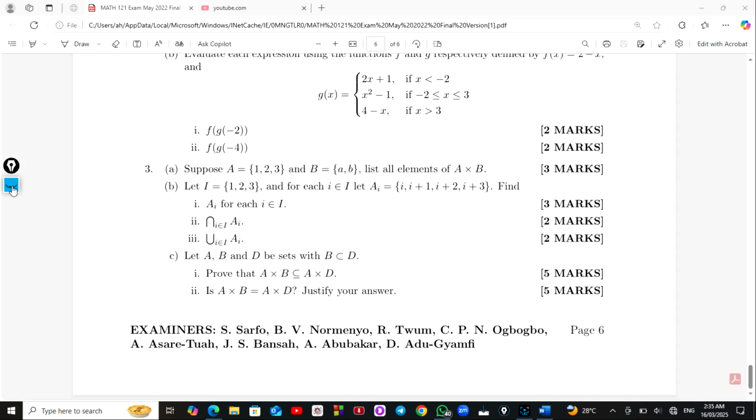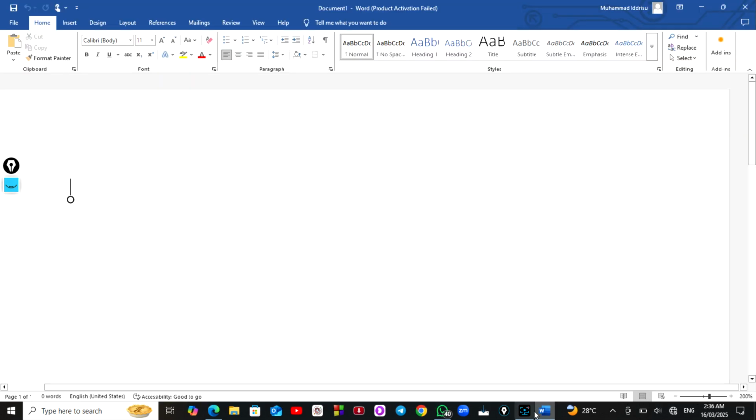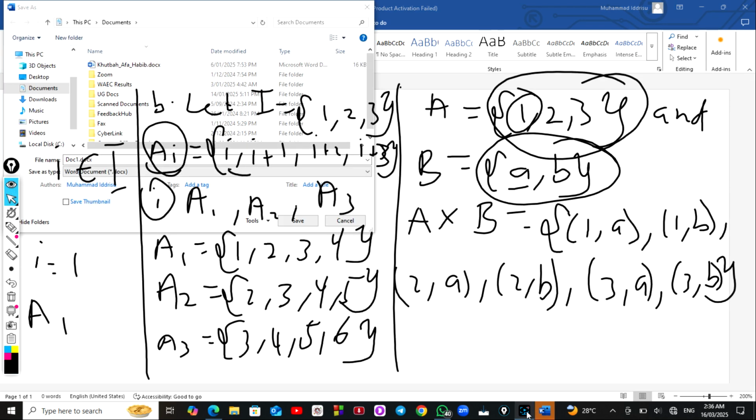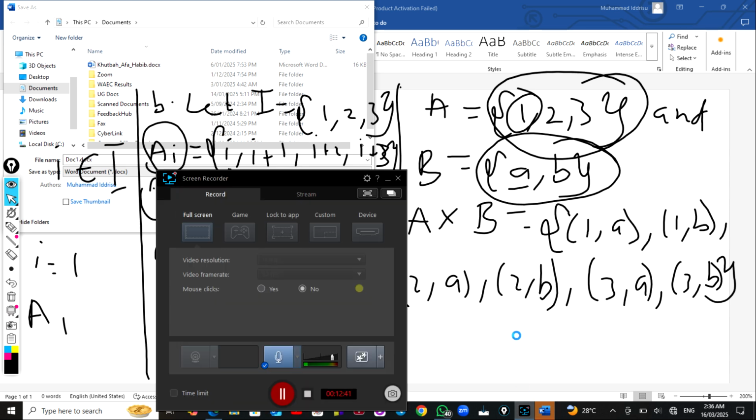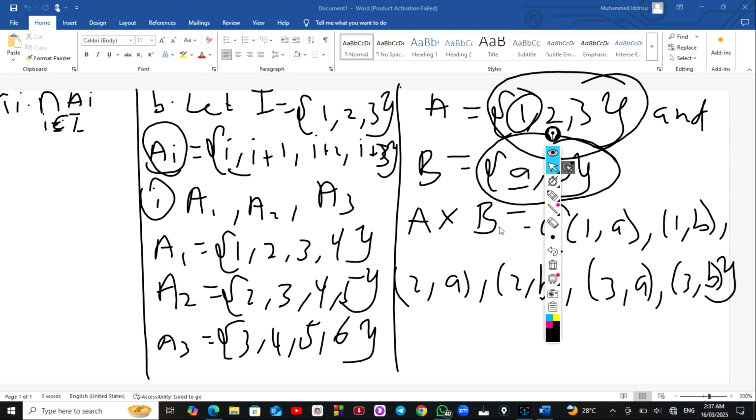Then we are going to look at the ii. We are going to find the intersection over i in I of A_i.